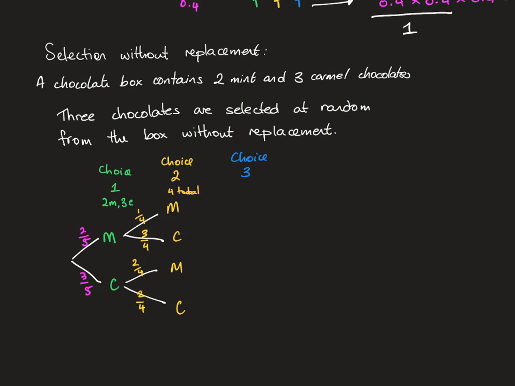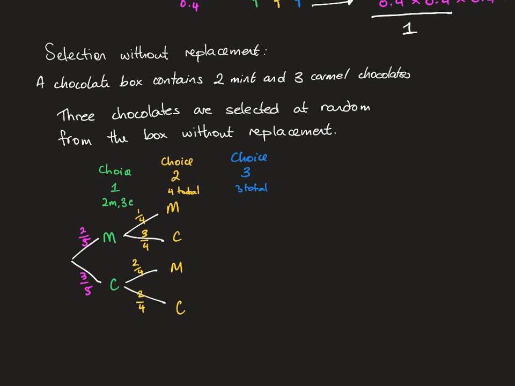So now it's time for our third choice, and our third choice is going to be with just 3 total chocolates left in the box, because we've already taken out 1 chocolate each in our first 2 choices.